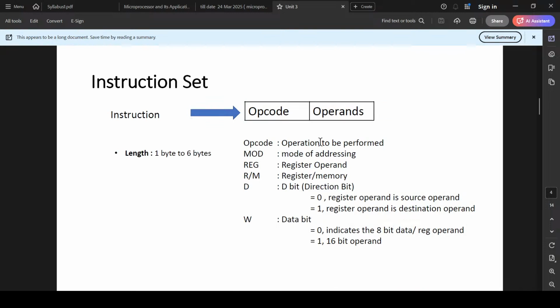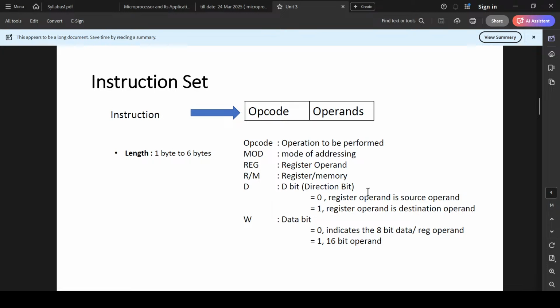Instruction set: opcode plus operand. Yeah, we know it. Length is 1 byte to 6 bytes. Opcode is the operation to be performed. MOD is the mode of addressing. REG is the register operand. RM is register or memory.